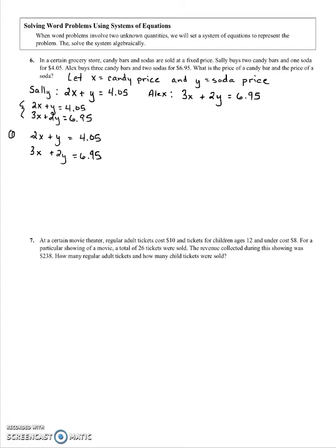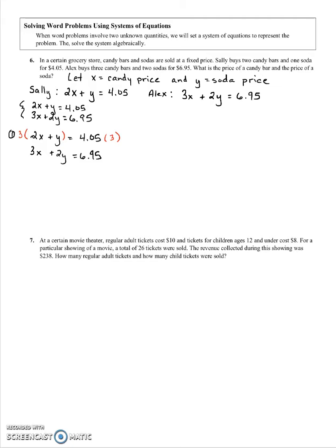So, it's another thing of finding our least common multiple, or if we want them to cancel out, we can just say, what's 2 times 3? But since they're both positive, one of them needs to be negative. Anyway, I'm going to multiply the first equation, both sides, by 3.